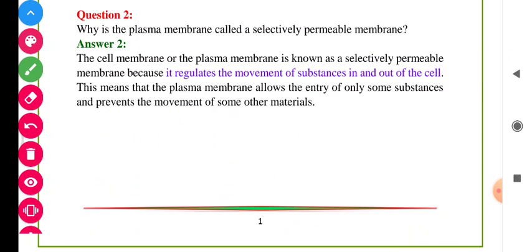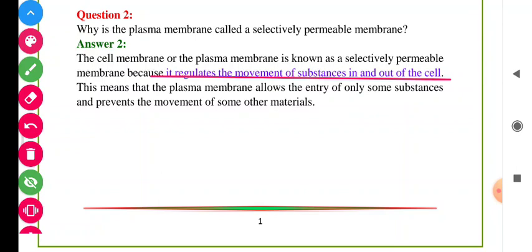Why is the plasma membrane called a selectively permeable membrane? The reason why the plasma membrane is called a selectively permeable membrane is that it regulates the movement of substances in and out of the cell. Means certain kinds of substances or objects are only allowed to enter inside the cell.